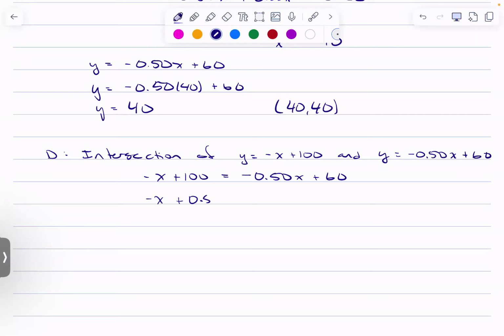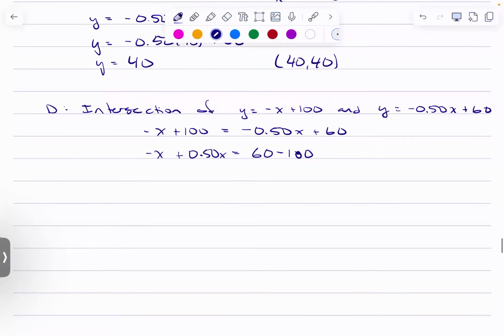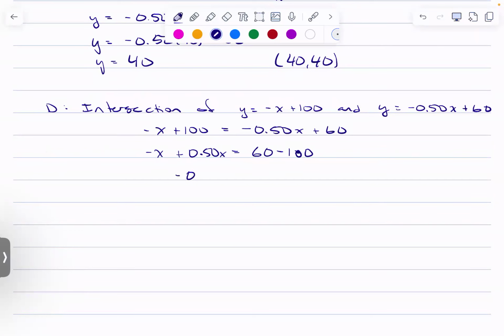Negative x plus 0.5x is 60 minus 100. Negative 0.5x is negative 40. Make sure I don't mess that up again.